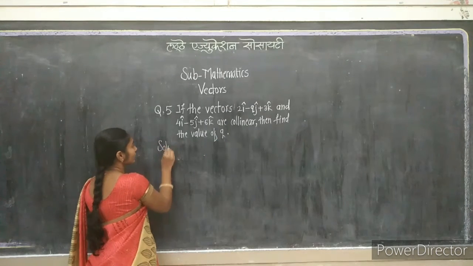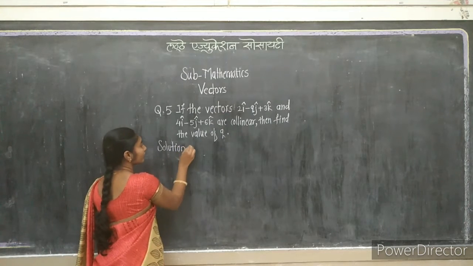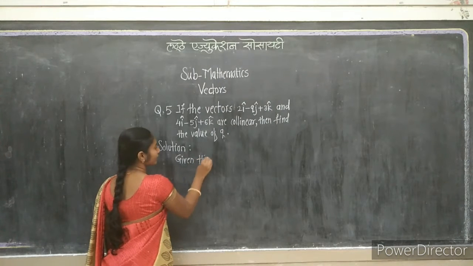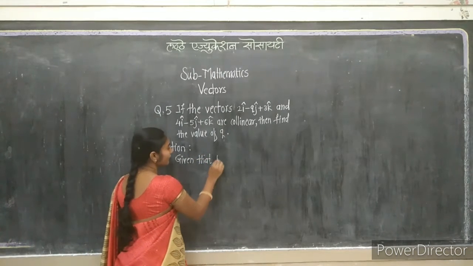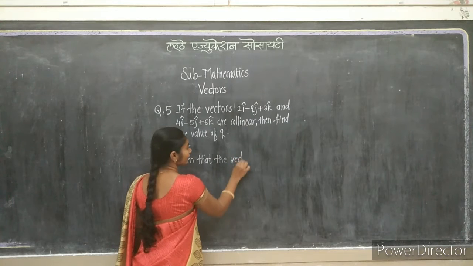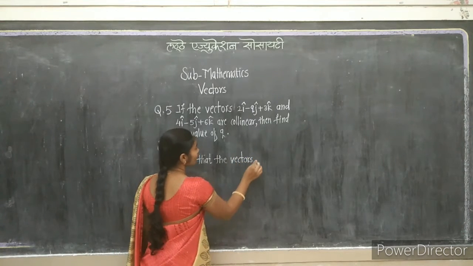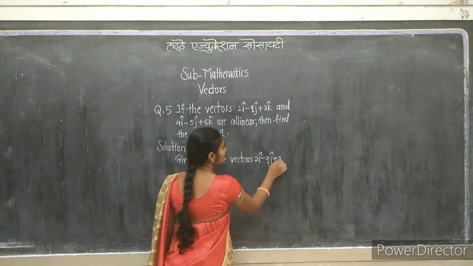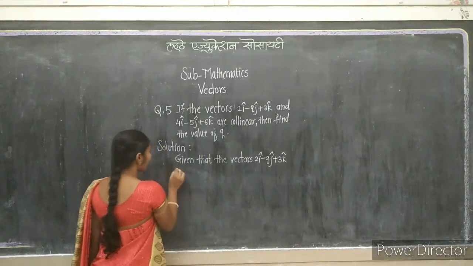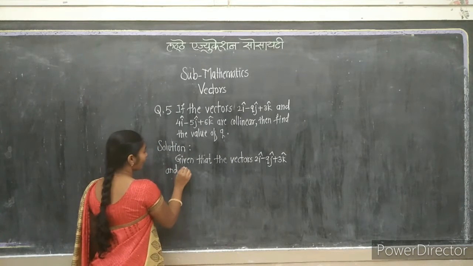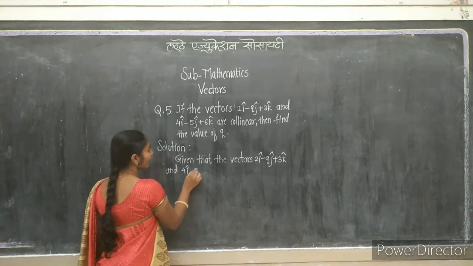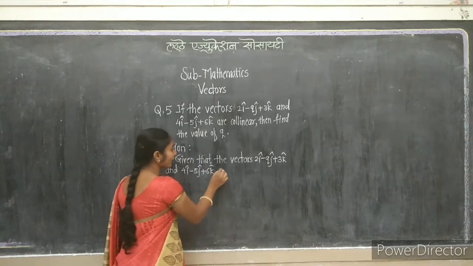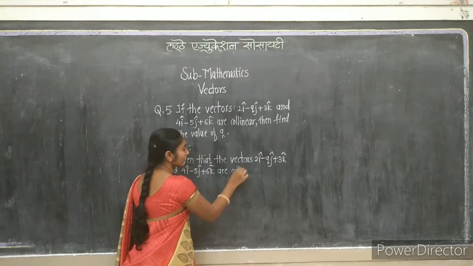Solution: Given that the vectors 2i cap minus qj cap plus 3k cap and 4i cap minus 5j cap plus 6k cap are collinear.